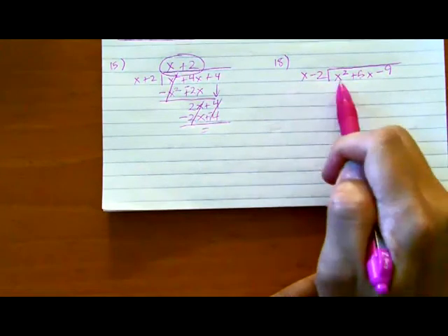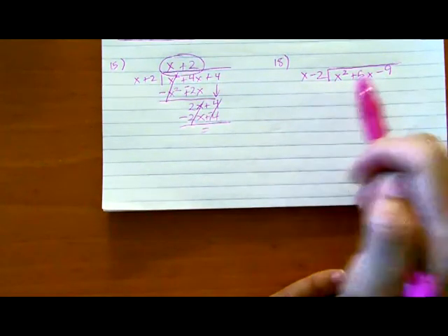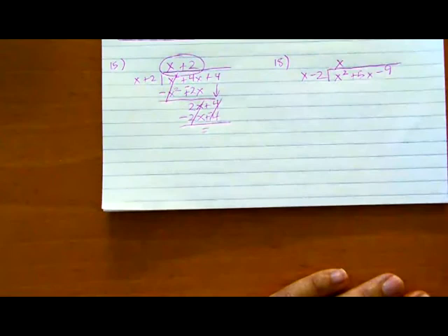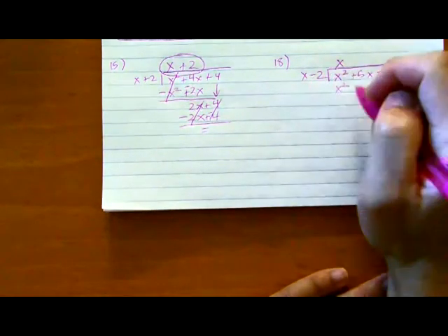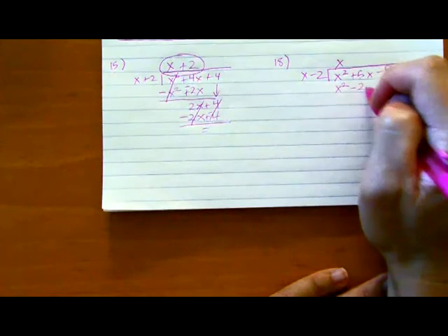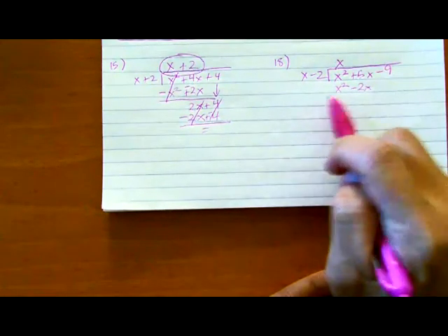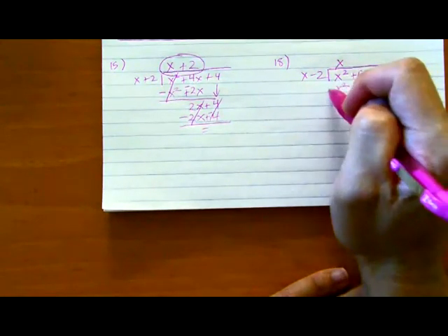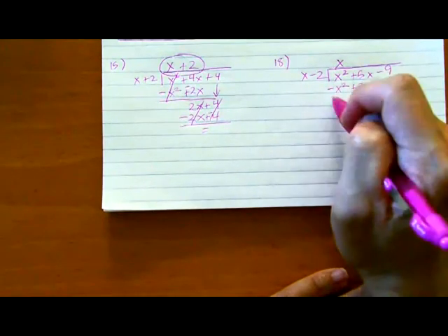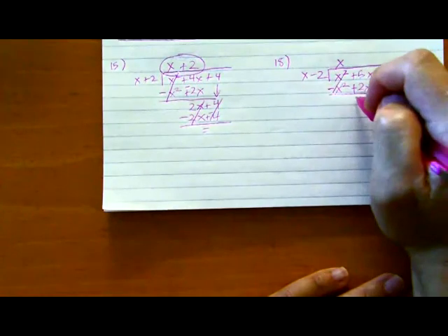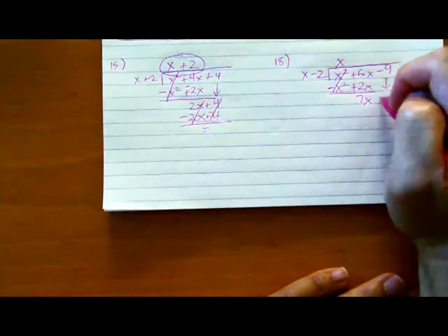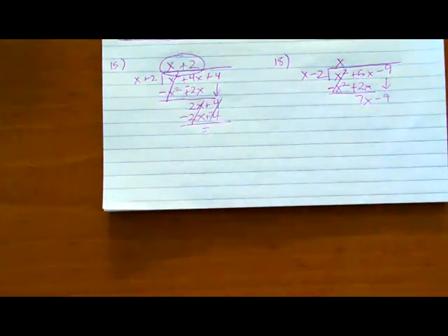Something times x will give us x squared. x. x times x is the x squared. x times negative 2 is negative 2x. We need to subtract, so the signs change. This becomes minus, this becomes plus. That cancels. 7x, and then I'm going to drop the minus 9. And we're going to do it again.